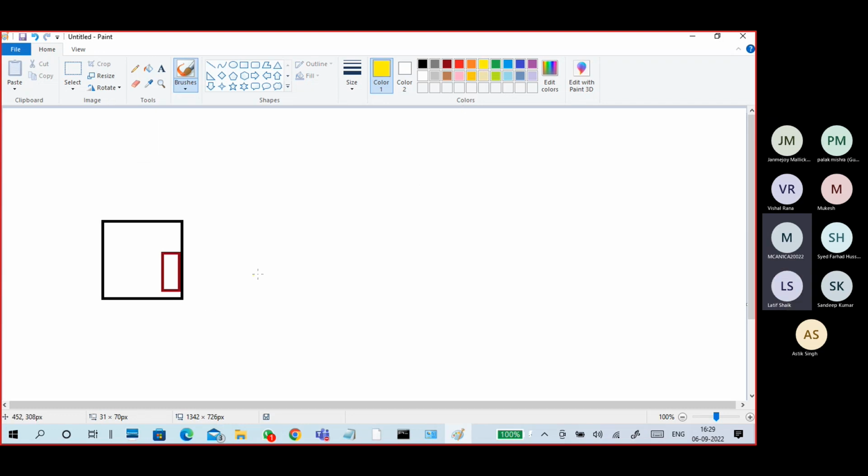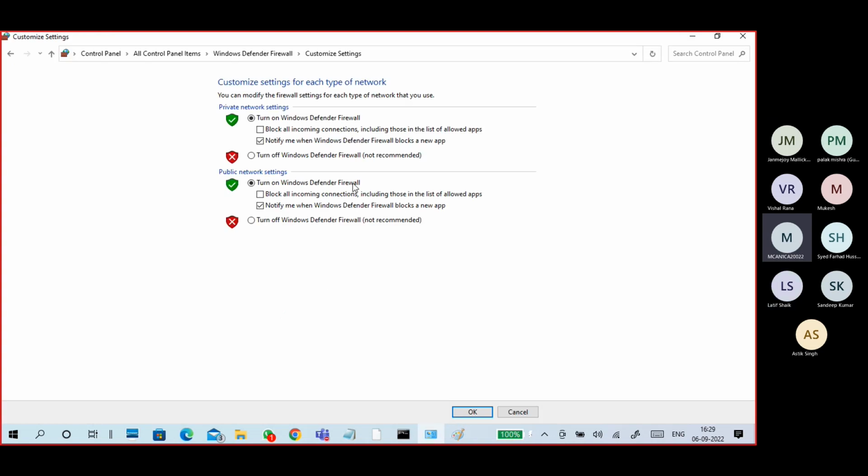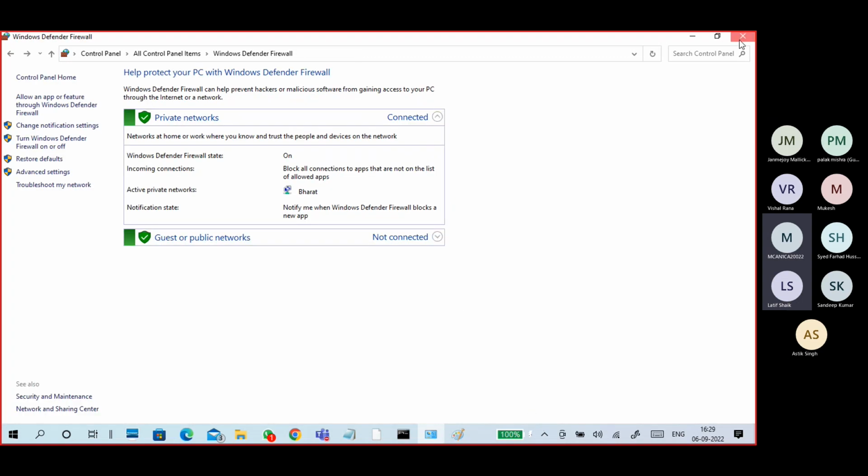So when someone is trying to come inside, it does not allow that packet. So again, you have to allow that protocol or packet or source and destination point. There is a possibility of the firewall. Never disable your firewall unless you are in your own private network.